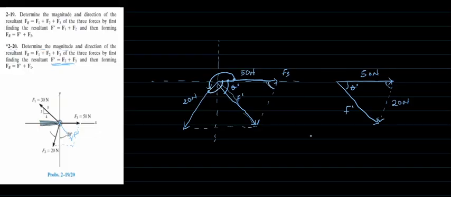They gave us here as 20 degrees. So 270 minus 20 degrees, because from the first quadrant to the third quadrant is 270 degrees, gives 250 degrees. So from here to this point is 250 degrees.